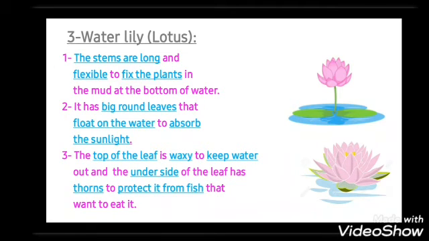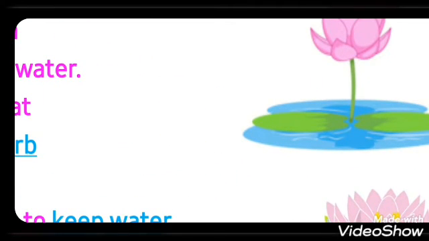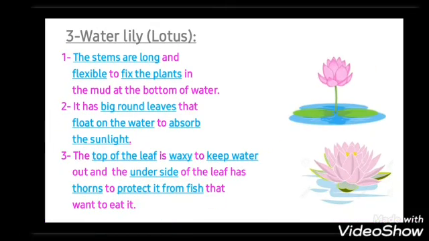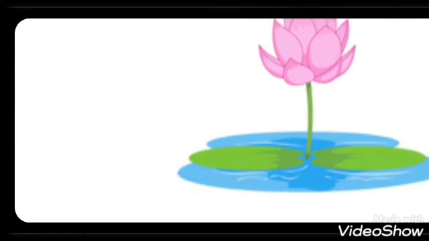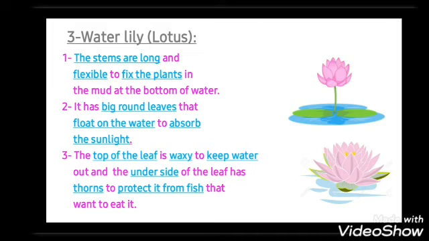So number 1, the stem, long and flexible. Look at this picture, you will see that the stem is long and flexible to fix the plant in the water. Number 2, the two big round leaves here float on the water to absorb the sunlight. Number 3, the leaf has two parts, the top and the underside.